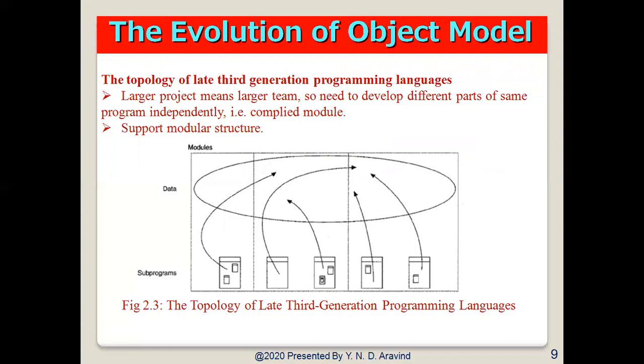In this figure, modules were rarely recognized as important abstraction mechanisms. In practice, they were used simply to group subprograms that were most likely to change together. Most languages of this generation, while supporting some sort of module structure, had few rules that required semantic consistency among the module interfaces.